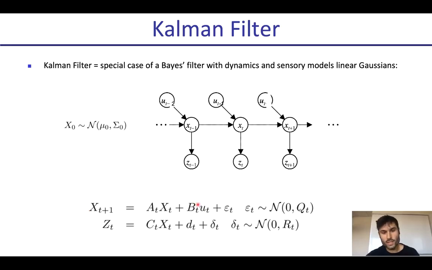So given x_t, the random variable x_{t+1} follows a Gaussian centered at A times x_t plus B times u_t, and since there is no other randomness, the only variance is the one given by the Gaussian noise epsilon_t. So essentially we have a Gaussian variable centered on this prediction of the dynamics, with noise Q_t.